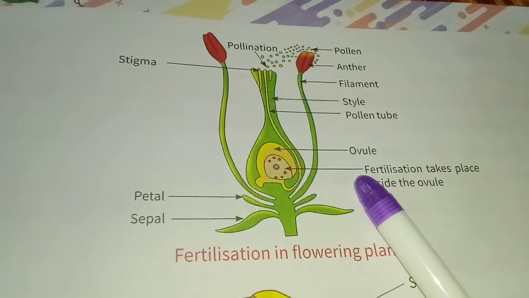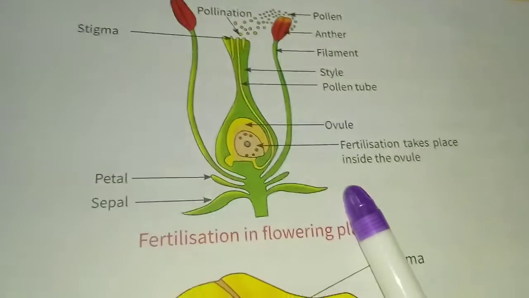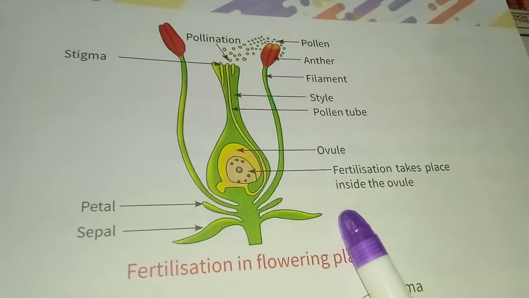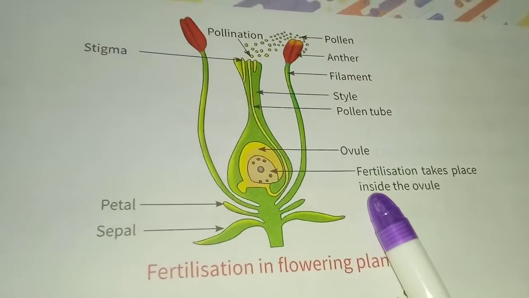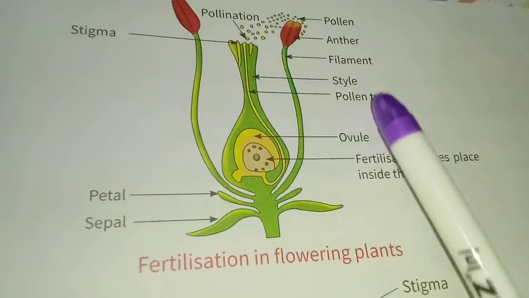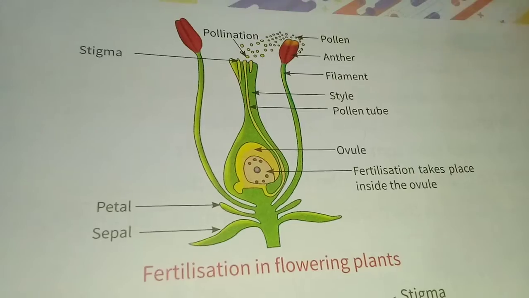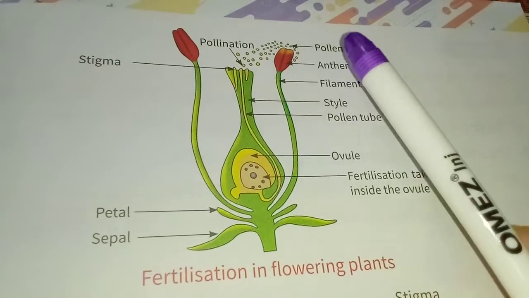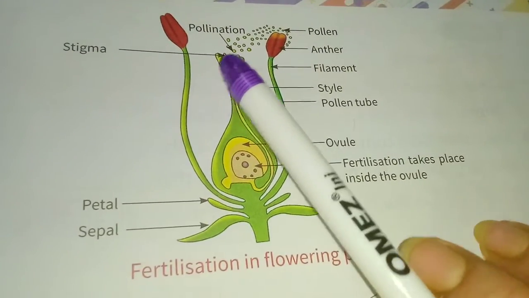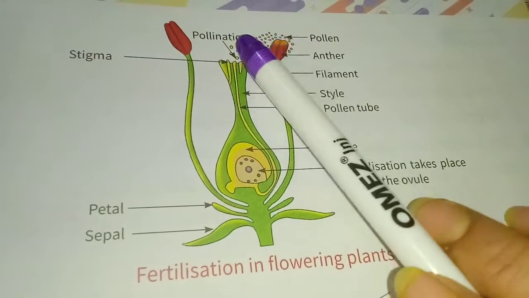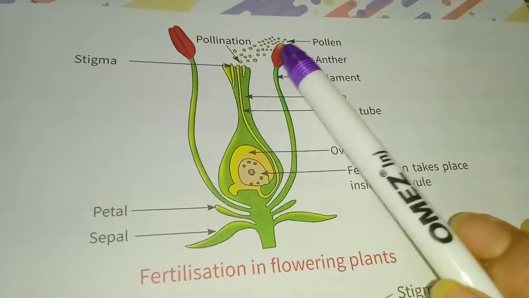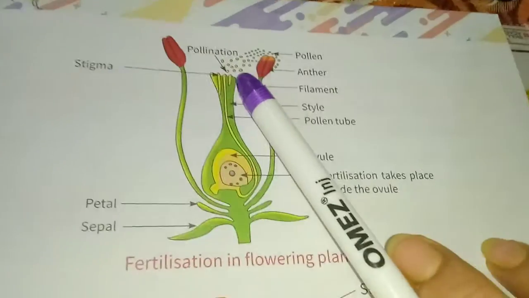Yes, pistil. The process of fertilization starts after pollen grain from a flower lands on the sticky stigma of another flower of the same kind. You can see here, these are pollen grains from another flower.